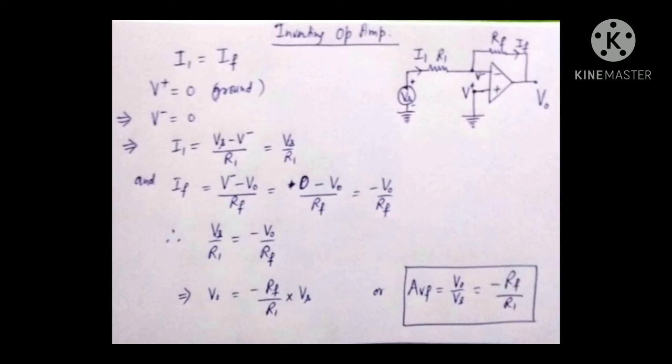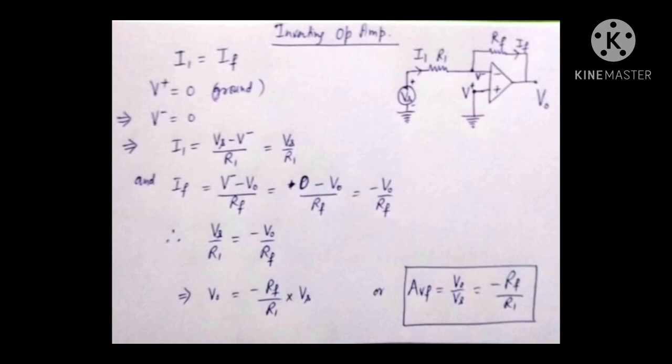That is, the current I1 and IF are the same. And the second concept, that both the input terminals are at same potential. As we have grounded the V plus terminal, so V minus terminal is also at virtual ground. So V plus is 0 and V minus is also 0.